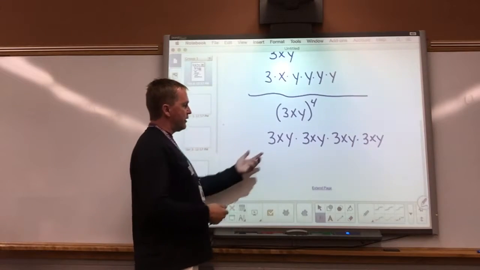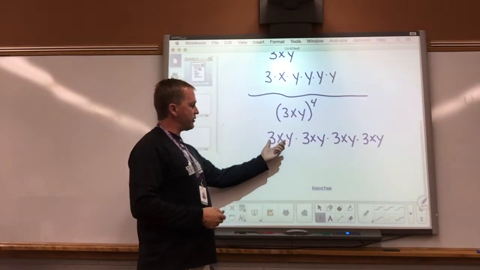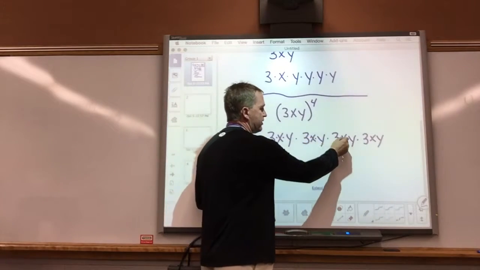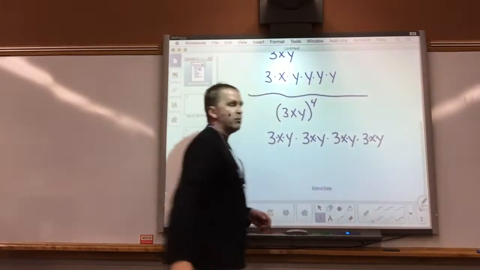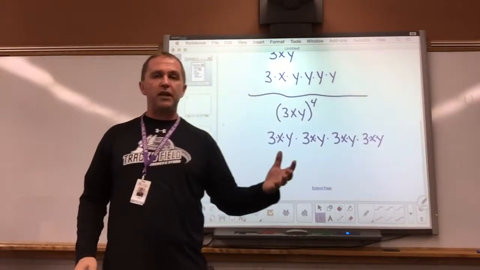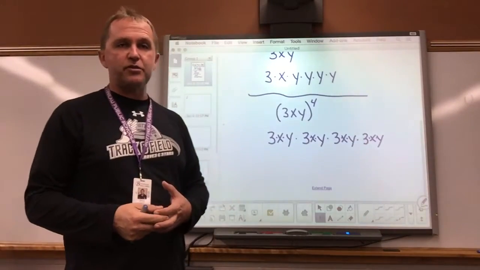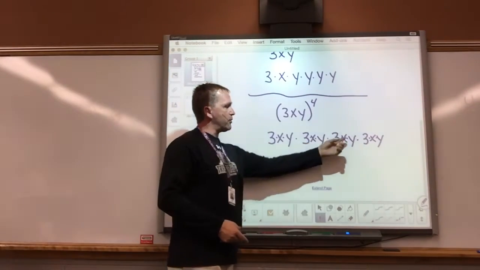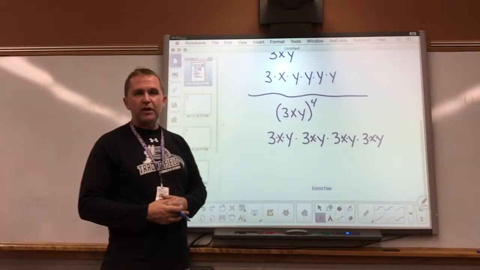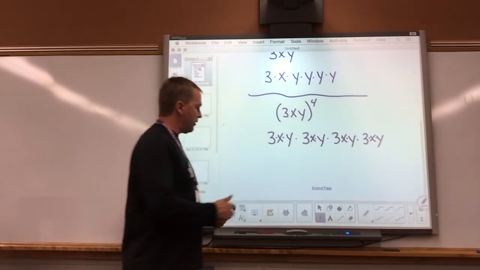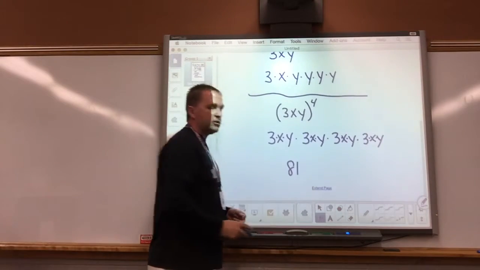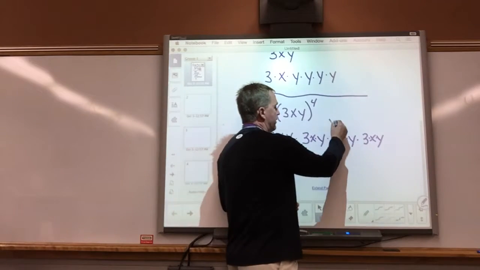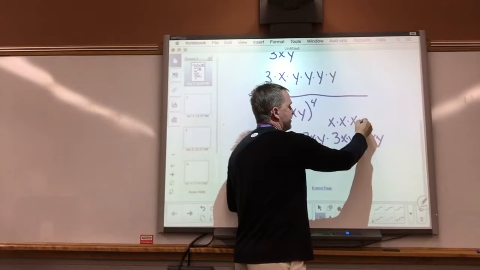If you notice 3xy, when you have something like this, if there's nothing in between, we can assume that there's multiplication. This problem is full of multiplication, and if you have all multiplication, you can multiply the things that you know to multiply. As an example, you can take 3 times 3 times 3 times 3, which is 3 to the 4th power, or 81, if I multiply 4 3's together. I then also have x times x times x times x.